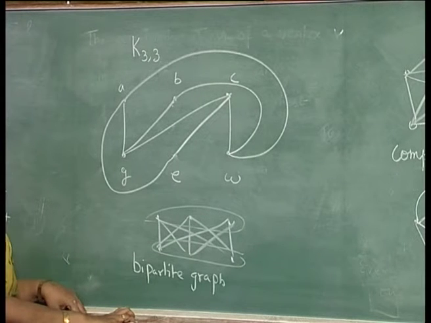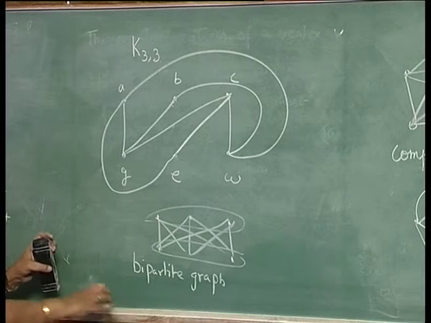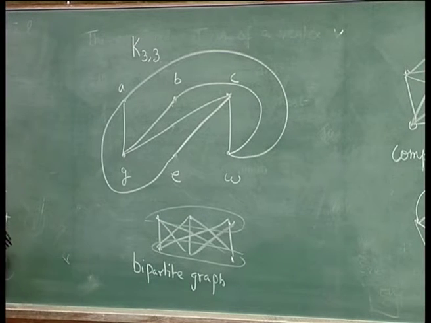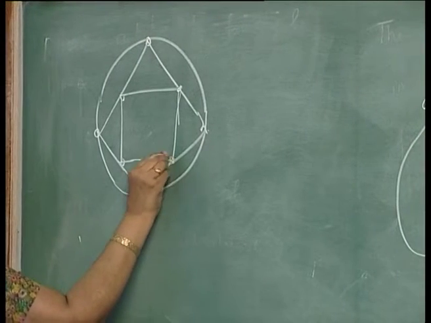Now, we have seen that these two graphs are not planar. How can you find out whether a graph is planar or not? And also, in planar graphs you talk about regions. For example, take this example. This is a planar graph. You can see that it is drawn on the plane without any intersection.